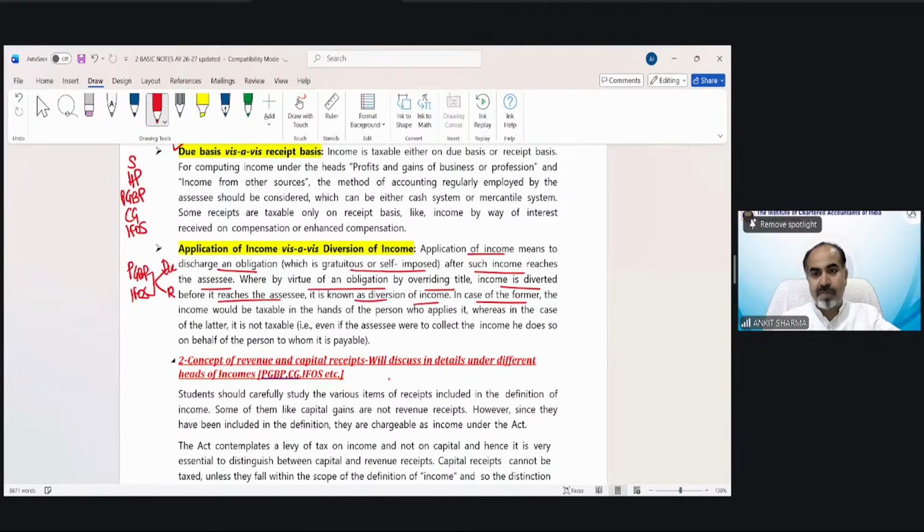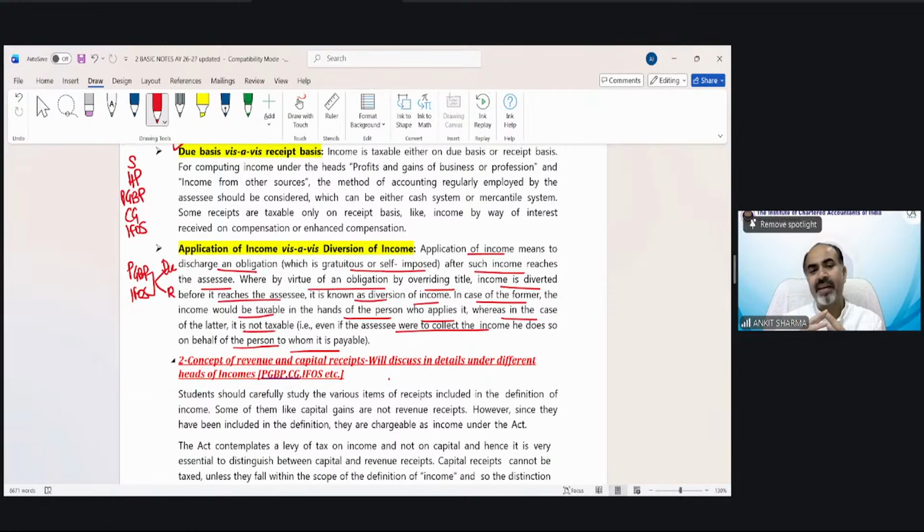In case of the former, the income would be taxable in the hands of the person who applies it, whereas in the case of the latter, it is not taxable. Even if the assessee were to collect the income, he does so on behalf of the person to whom it is payable.